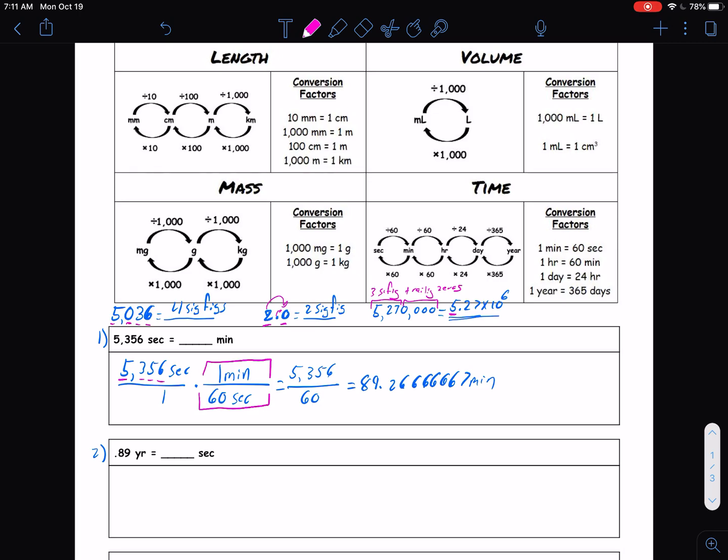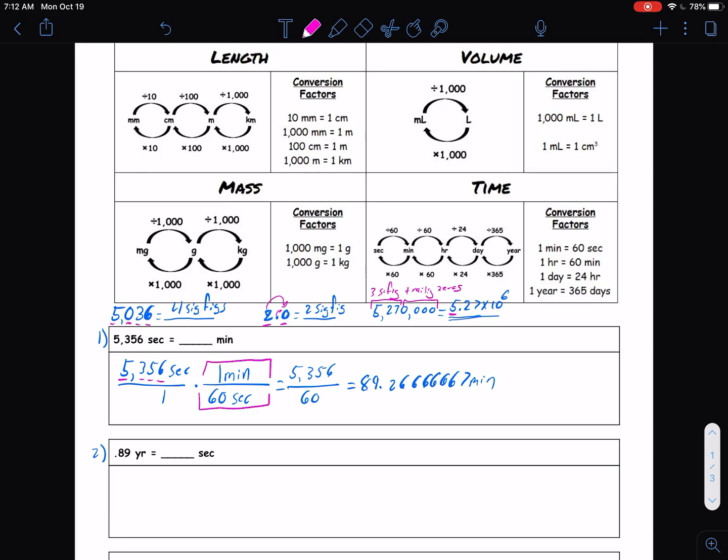Anything up here that we plug in does not contribute to the number of sig figs in a problem, because they are exact. Exactly 1 minute equals exactly 60 seconds. Exactly 100 centimeters equals exactly 1 meter. There is no uncertainty. Remember, with significant figures, we're looking at the uncertainty, the accuracy and precision of measurements. So they do not count into significant figure calculations. They work for the math, but not for figuring out the number of sig figs.